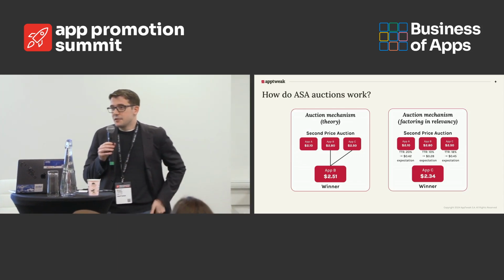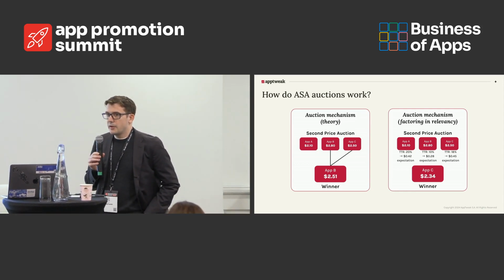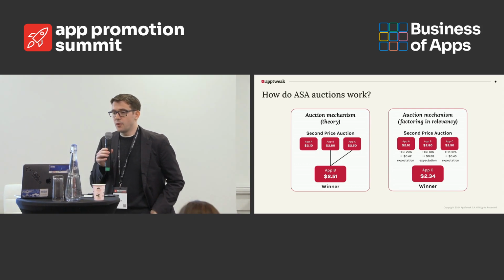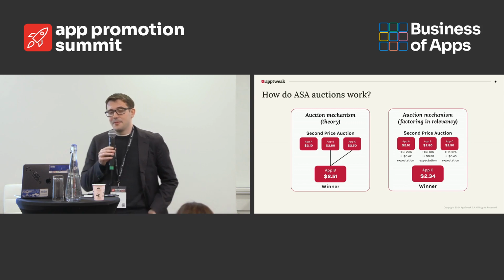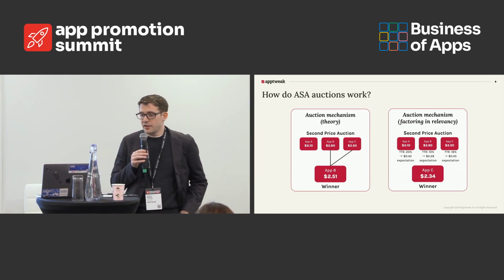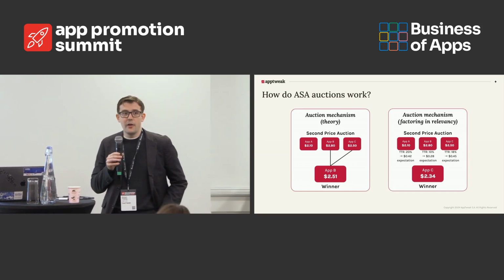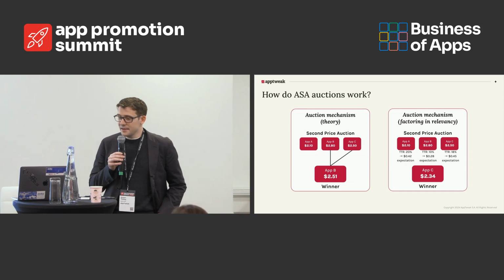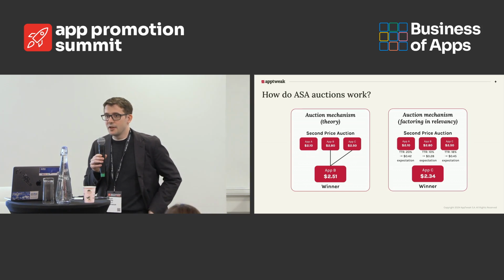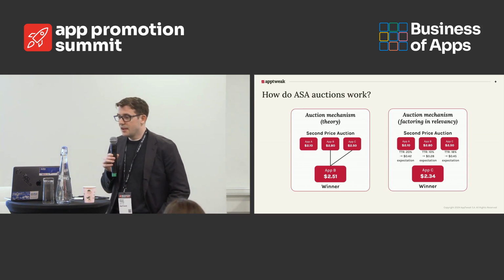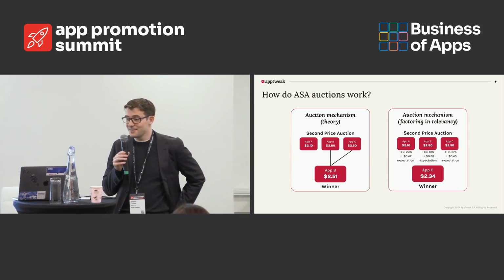The main thing to remember in the fundamentals, though, is how does the search ad auction work? According to Apple, Search Ads work as a second price auction where different apps are going to be bidding for impressions, and the highest bidder will win the auction, but only have to pay the price that was the second highest bid plus 1 cent.